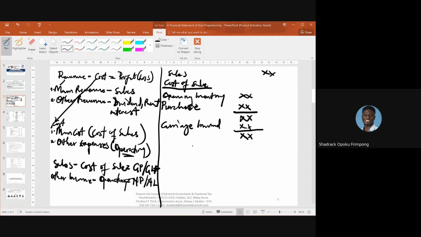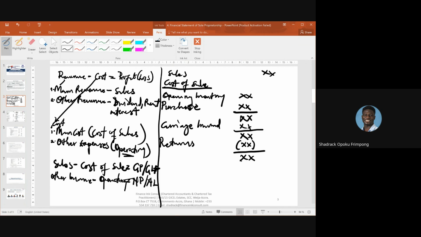So we had to return those goods. So if the goods has been returned, then it means we have to deduct the cost. Probably it was part of what we purchased and now we've returned it. So we have to deduct it. So we do that, then whatever we have becomes the cost of the goods we have purchased, right?